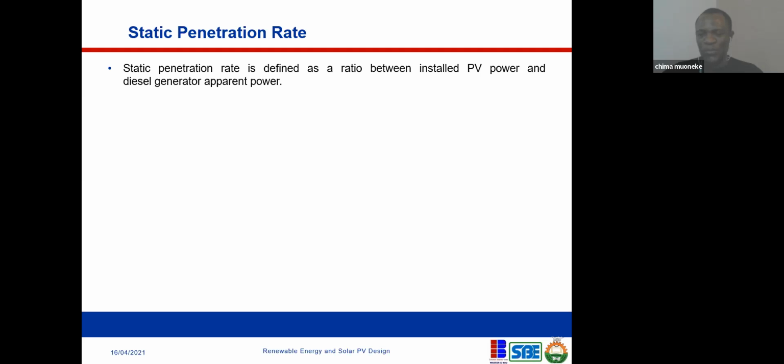So ideally, your penetration rate here will be 40%, because you have 10 units of demand in kilowatts, and 4 of that is being supplied by your solar system. If you check the percentage, not energy share this time, of the power being supplied by the solar system out of the 10, then you're going to get 40%, and that's what penetration rate is all about.